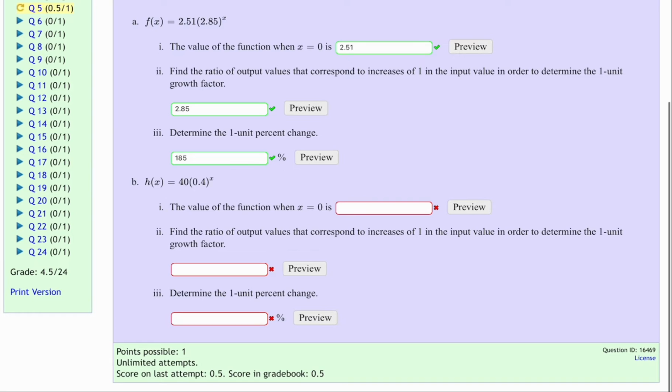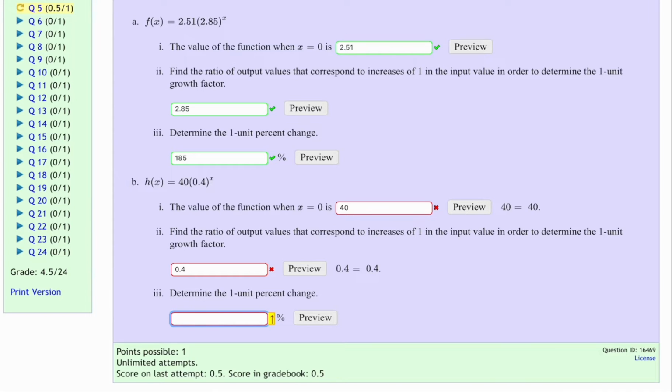The value of the function when x equals 0 is our front number 40. The growth factor is that 0.4. That's how it changes. And then the 1 unit percent change is the growth factor minus 100%.